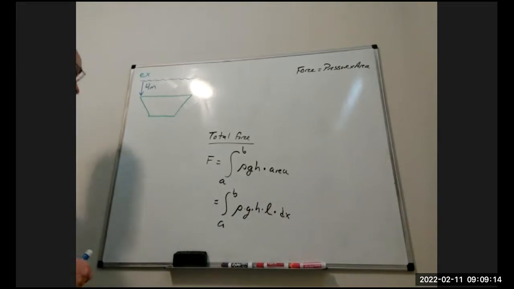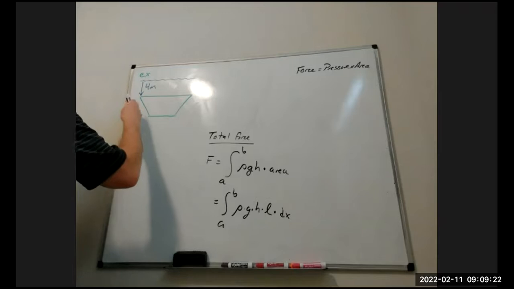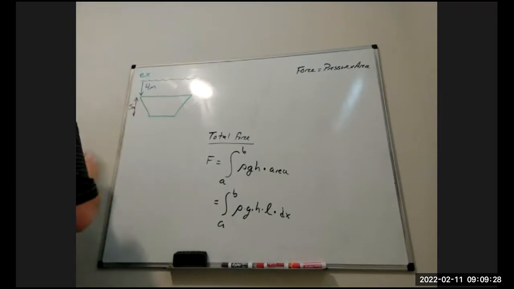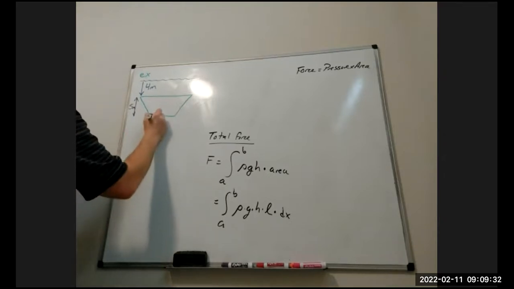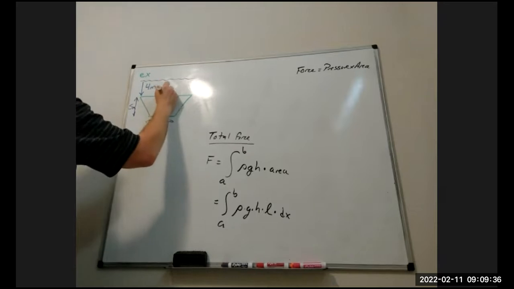Okay, so the very top of that is 4 meters below the water. And then in terms of the size of this thing, let's say that this is 5 meters tall. And in terms of the distances across, let's say that the bottom is 6 meters across and the top is 8 meters across.